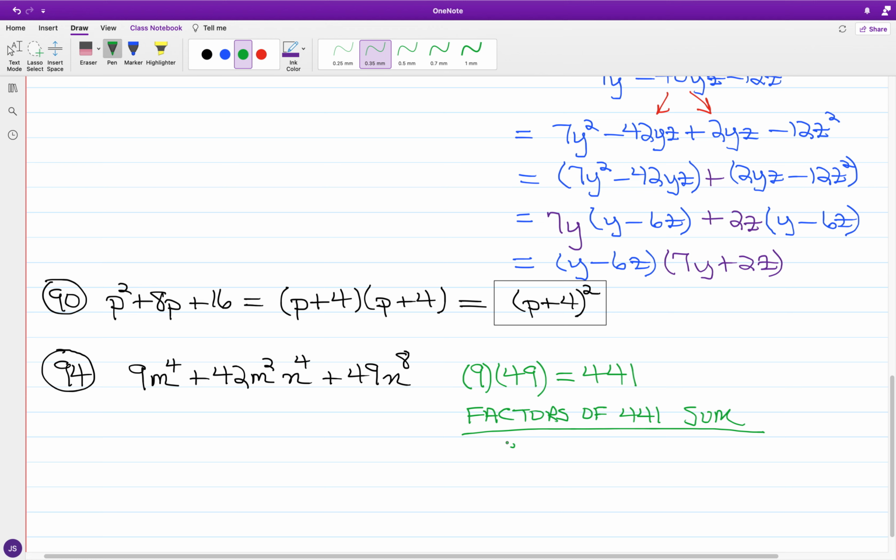Okay, so we just dealt with 9 and 49, and 9 and 49 add up to 58. But again, I'm looking at those that will add up to 42. And 441 is among the perfect squares. 441 is going to be 21 times itself, and 21 plus 21 comes out to 42.